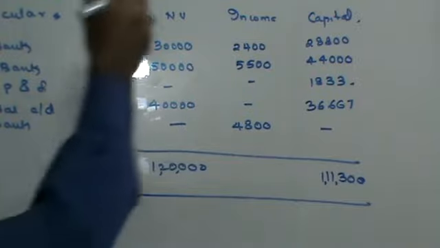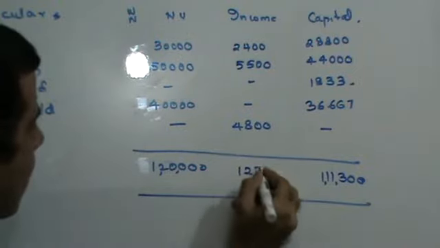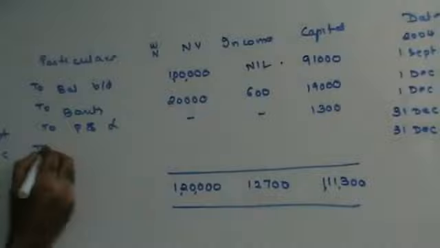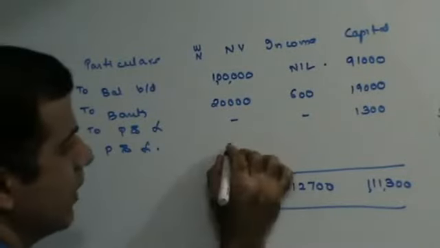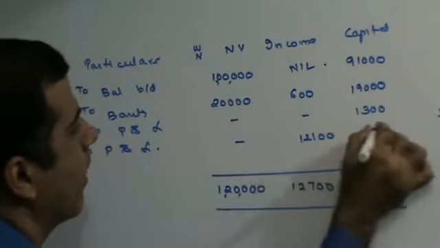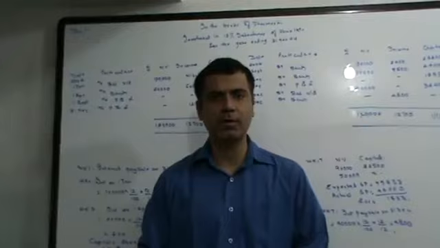Now, at the credit side of the income side, 12,700. Write this here, 12,700. The difference is going to be written as 31st December to P&L. The difference is going to be 12,100. Right. This finishes this sum. We'll stop here for the day. Thank you very much.